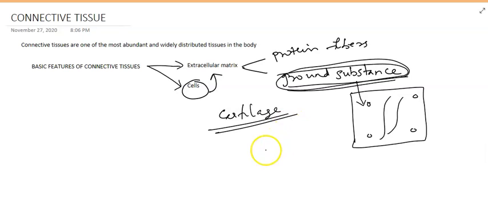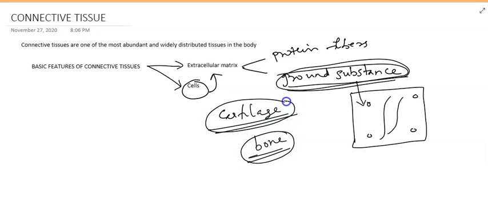It is different from bone, which is another connective tissue. Bone is very hard, while cartilage is firm but pliable. When you touch the tip of the nose, you can understand. Why does this happen? It is due to the difference between the ground substance in the cartilage and the bone.